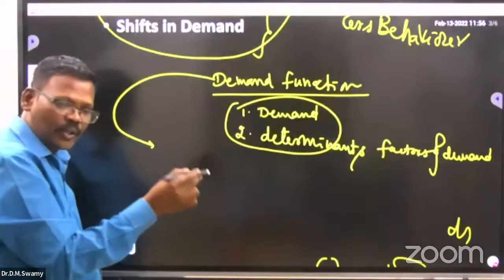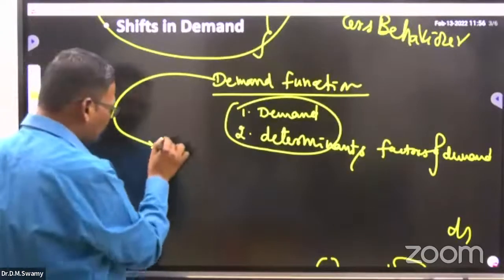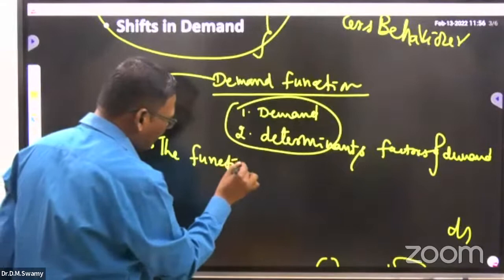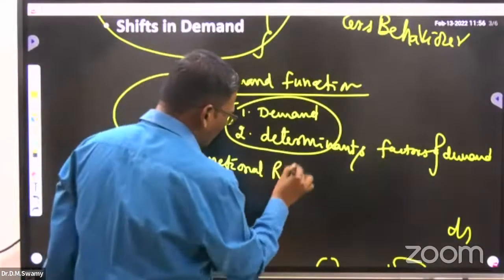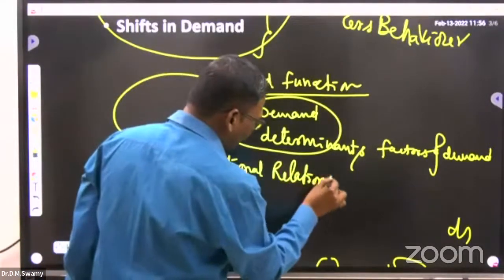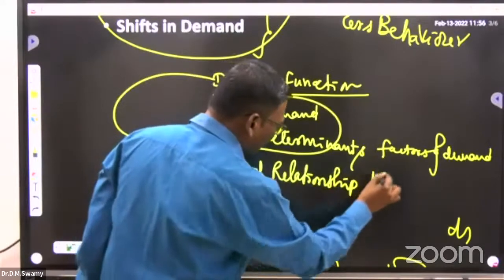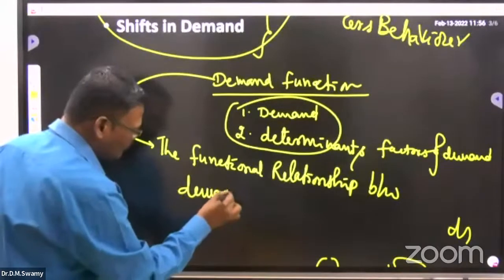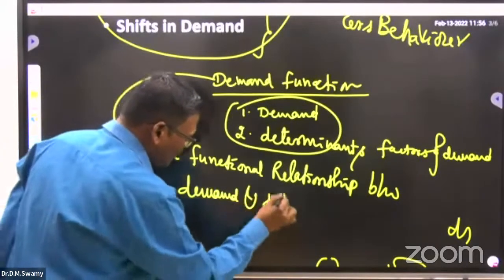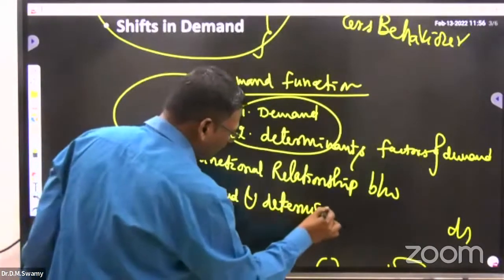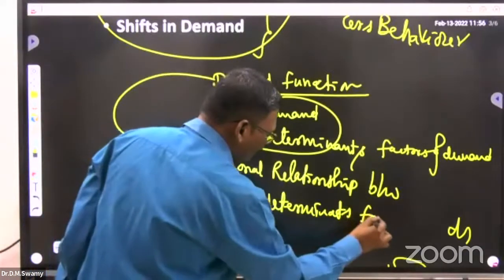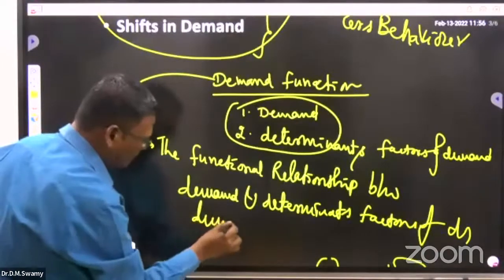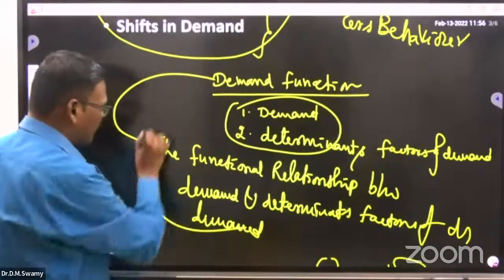The demand function explains the functional relationship between demand and determinant factors of demand, and this is known as the demand function.